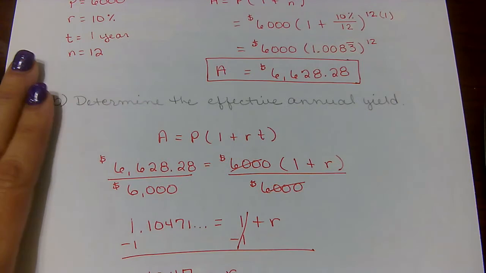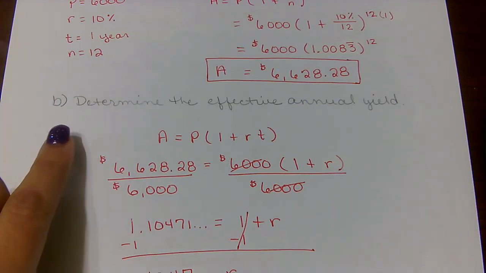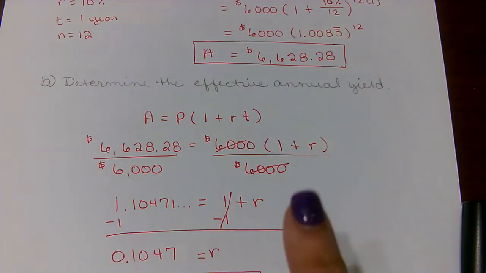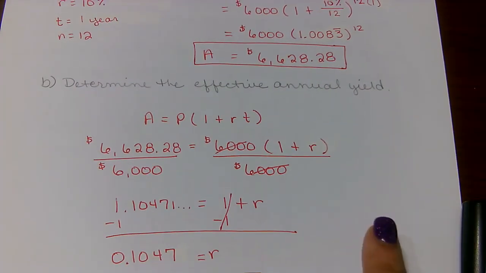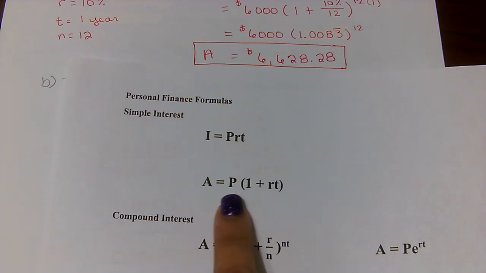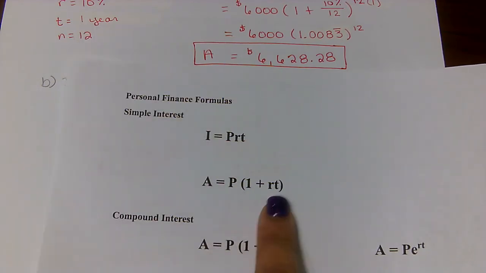Okay. Now we will determine what the effective annual yield would be. What we're trying to do here is determine what our interest rate would be had we had a simple interest formula. So we're going to start with our simple interest formula here.